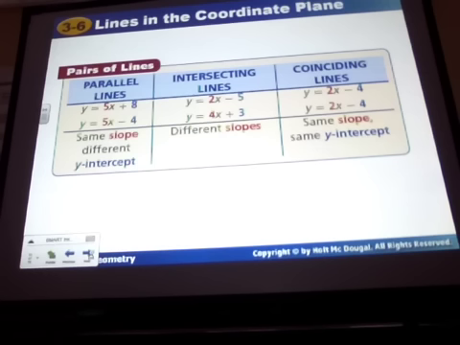They will never intersect. When you have different slopes, doesn't really matter what your y-intercept is, your lines are going to intersect eventually. If you have the same slope and the same y-intercept, you have coinciding lines, therefore they are the same exact line.